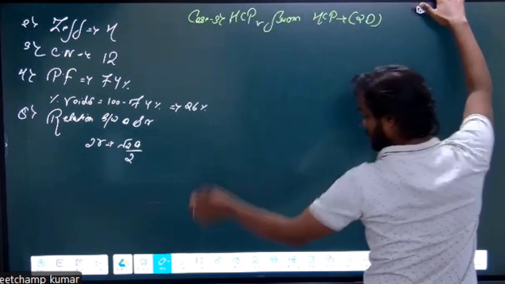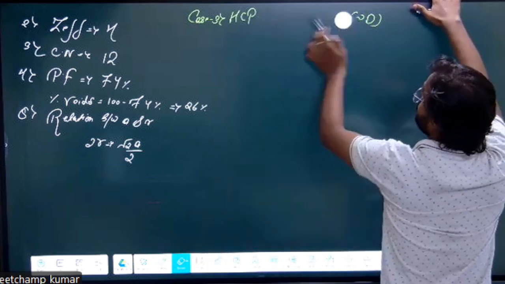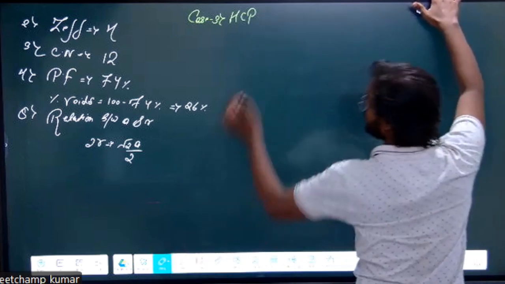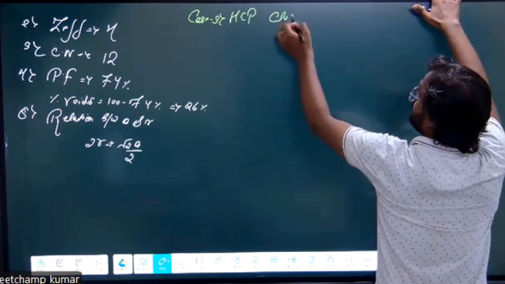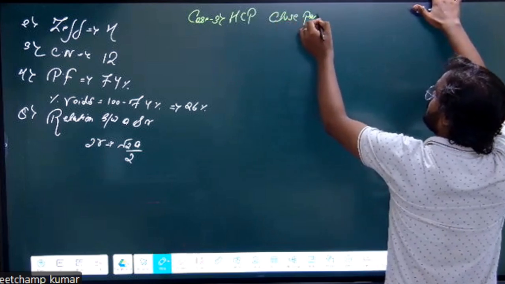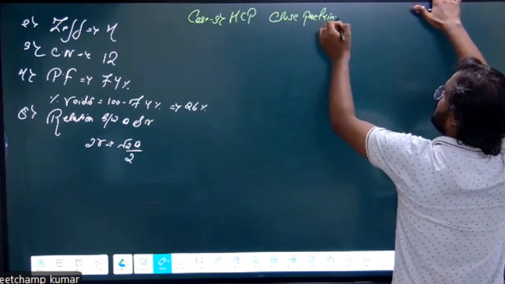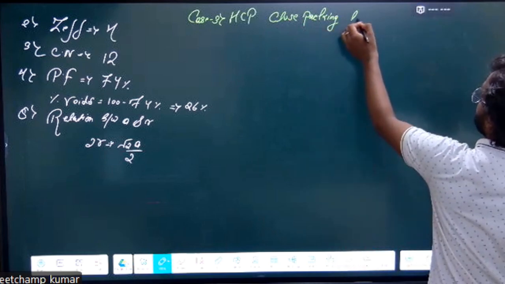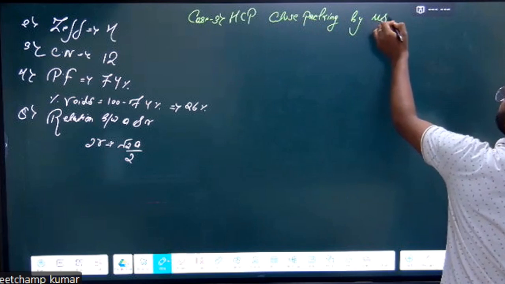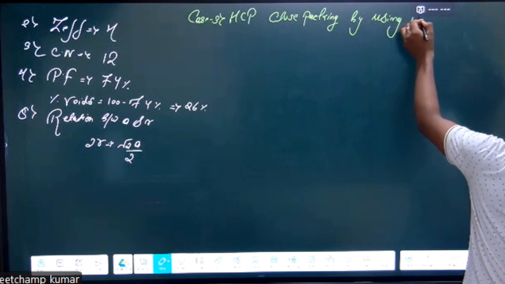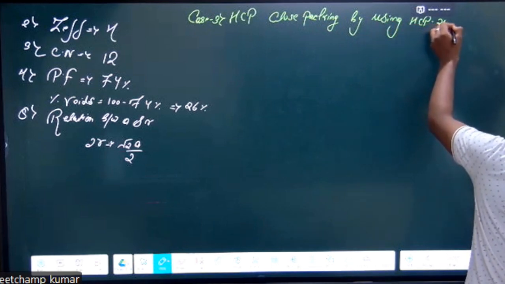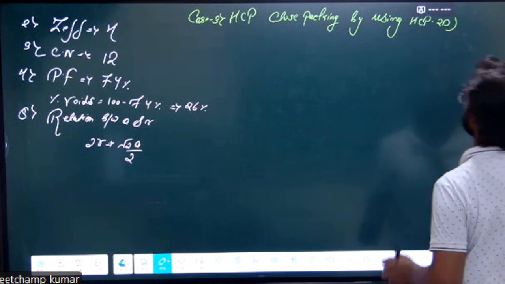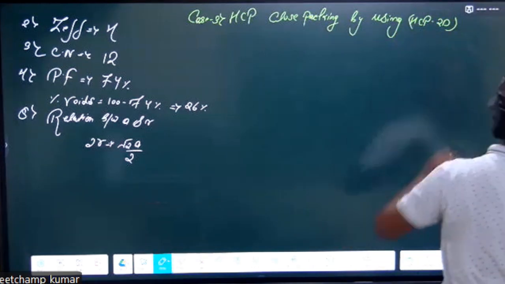You can write here close packing. SCP close packing by using SCP-2D. Again, we are going to use SCP-2D only, but we are going to use it in a 3D manner.